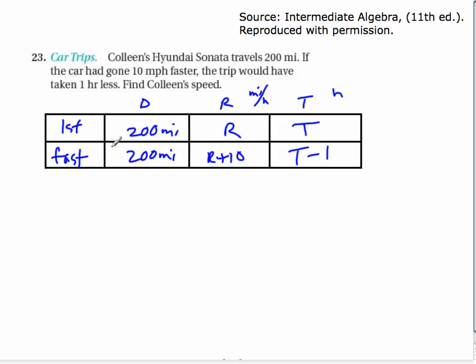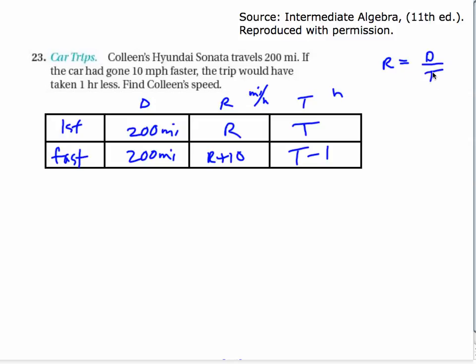So I need to relate one of those variables, and then solve the system of equations, probably using substitution. It probably doesn't matter which we equate. Why don't we do the time one? So here's my formula: rate is equal to the distance over the time.